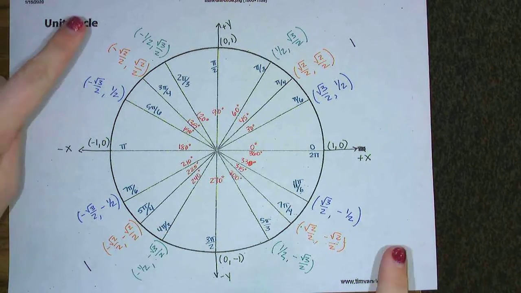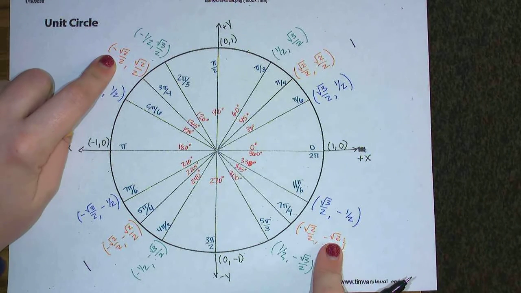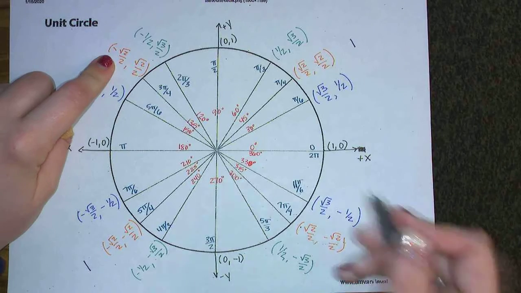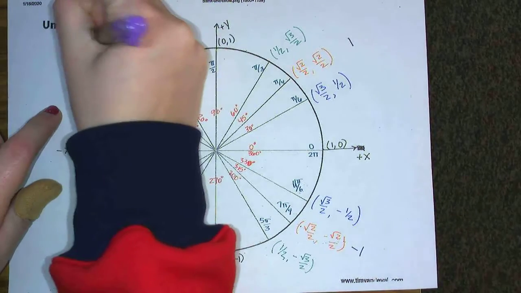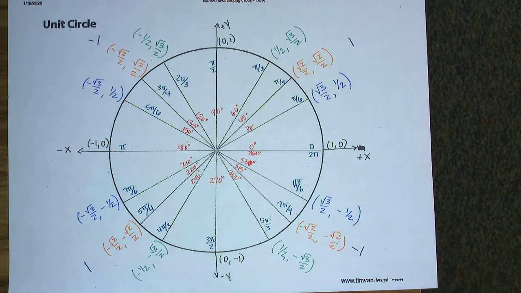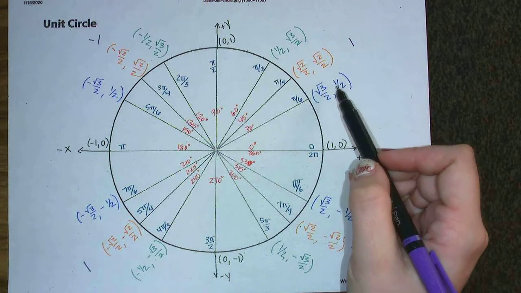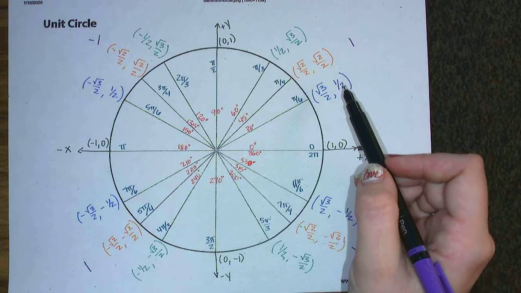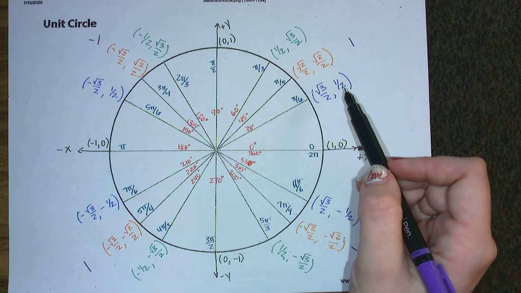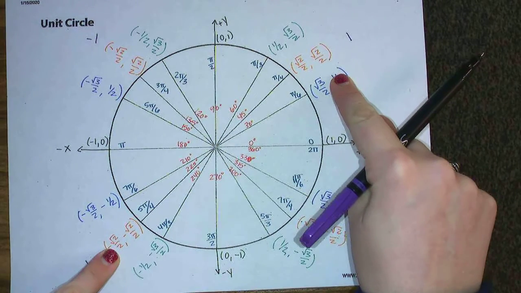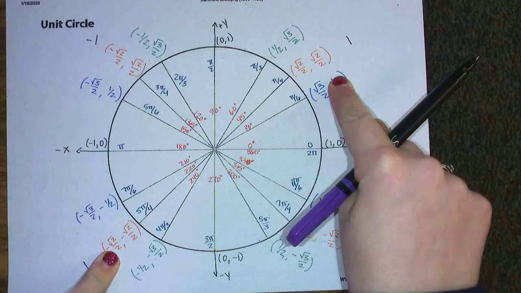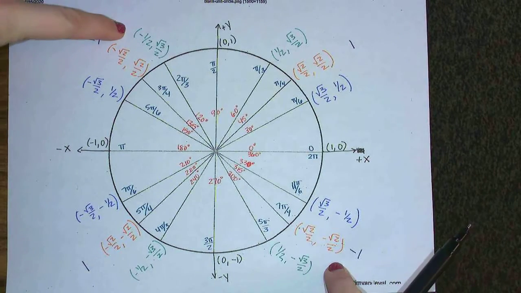In these quadrants, one is positive and one is negative, so it's negative. An easy way to remember: in quadrant 1 and quadrant 3, the tangent values are always positive. In 2 and 4, they're always negative.